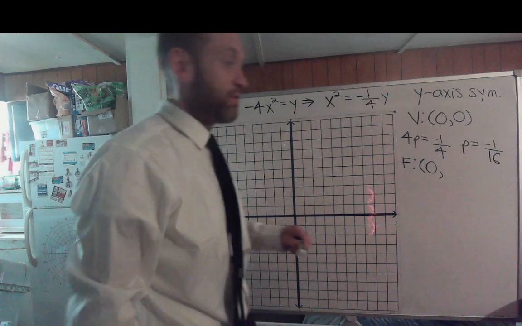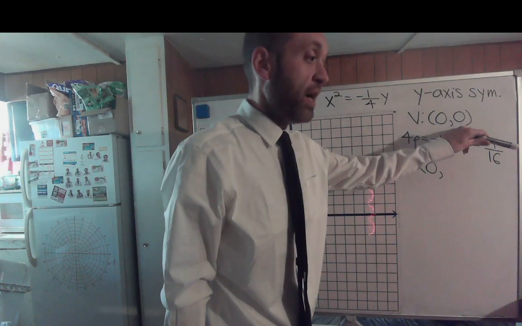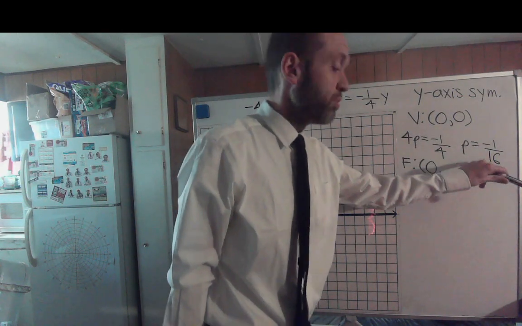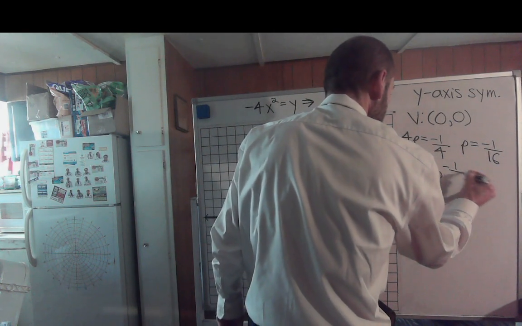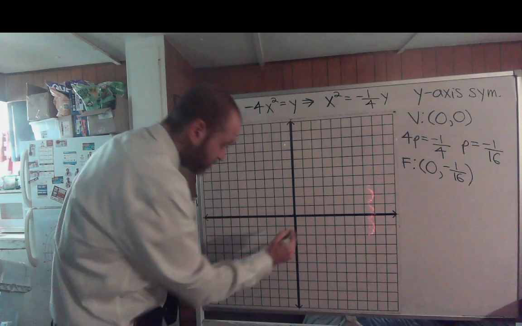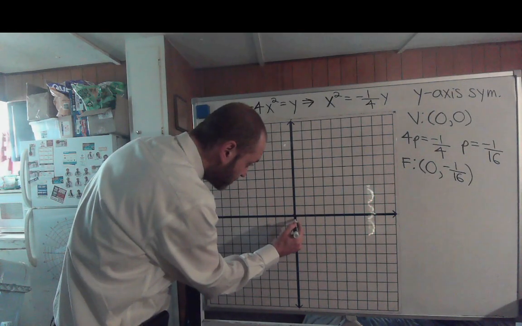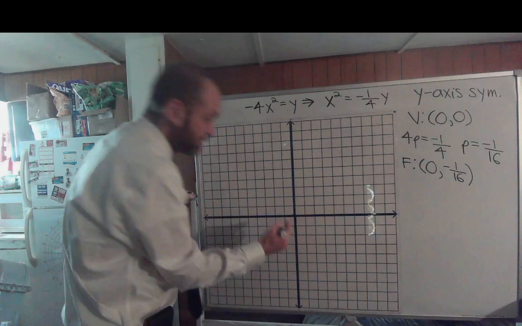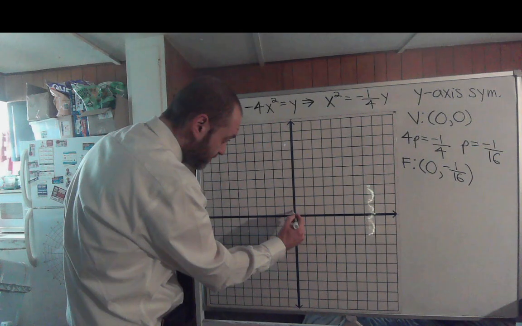Now, all I do to find my focus, again, take that p and add it to the y-coordinate of the vertex. So 0 plus -1/16 gives me -1/16. So the focus is going to be pretty much right against that here. It's going to be a very small fit. There's my focus roughly. Here's my vertex.